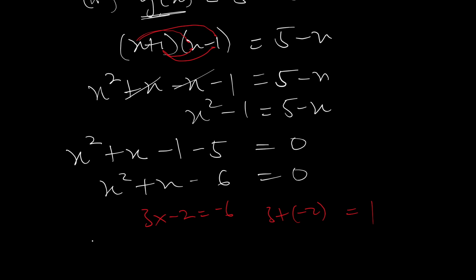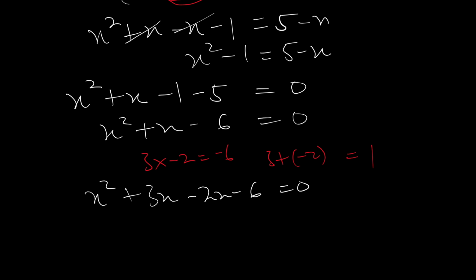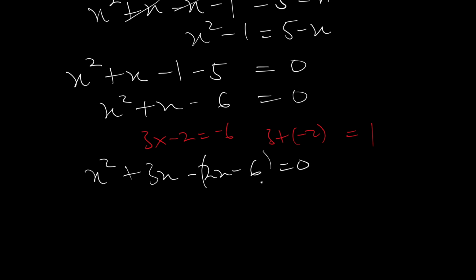So our equation becomes x squared plus 3x minus 2x minus 6 is equal to 0. So here we group this and this, this and this. Now when we factorize x out from here, we get x, x plus 3, minus, so we can factorize 2 out from here.